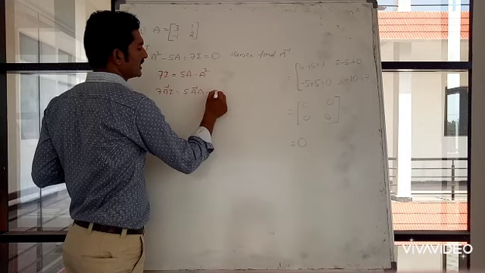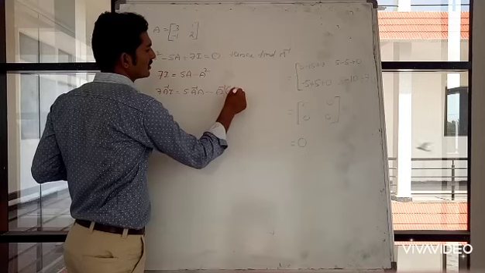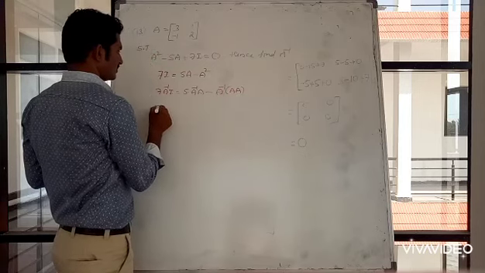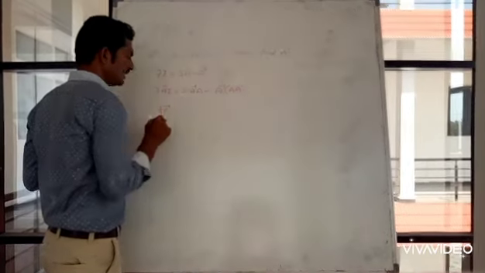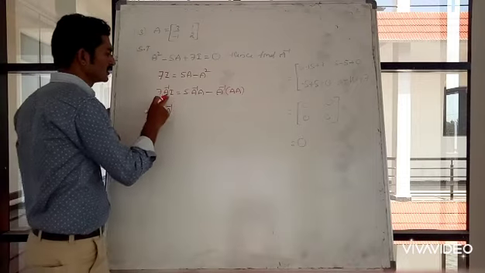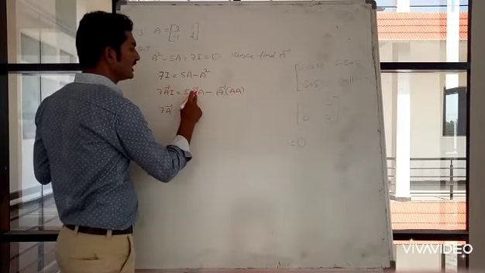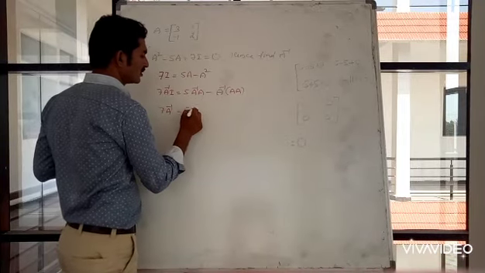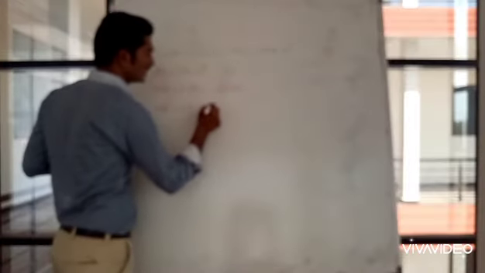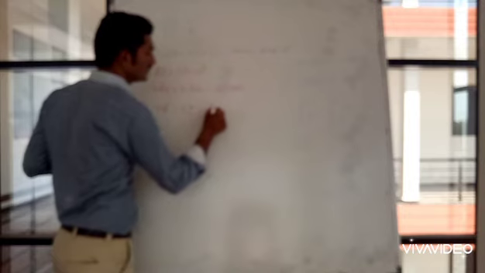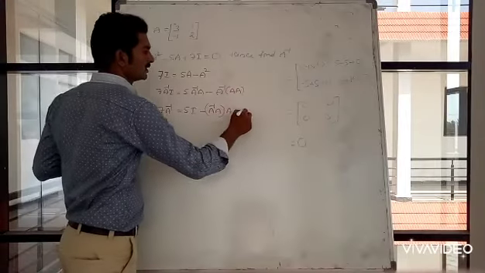here A square can be written as A into A. So A inverse into A into A. 7A inverse into I means 7 into A inverse only, because I is the identity, is equal to, here A inverse into A, I only, minus, here it can be written as A inverse into A into A, because of the associative property.